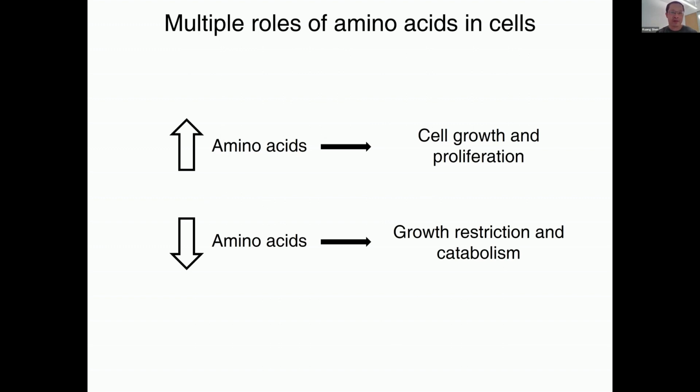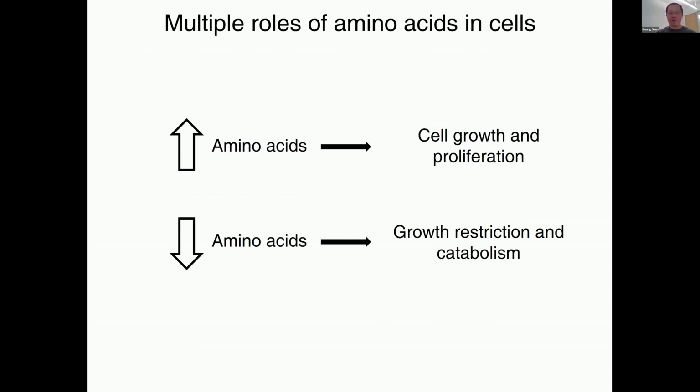So in the presence of amino acid, they should start to take in all these nutrients and start to grow and to proliferate. However, in the absence of amino acid, they should start to eliminate all these energy-consuming processes and sustain the most fundamental process of the cell in order to survive this difficult time.